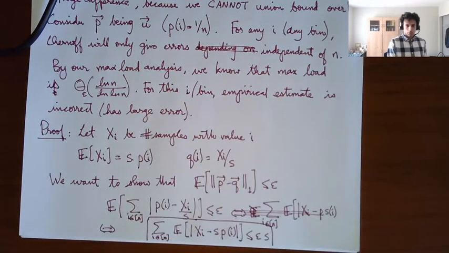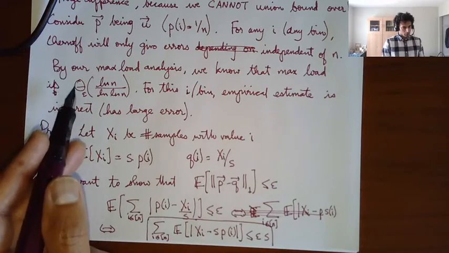Now we're looking at the absolute value of this deviation, and we're taking the sum of expected absolute values of the deviation, and we're saying this has to be at most epsilon times s. Now, if you did a naive analysis, you would try to compute the maximum, and then you would bound this by n times the maximum.